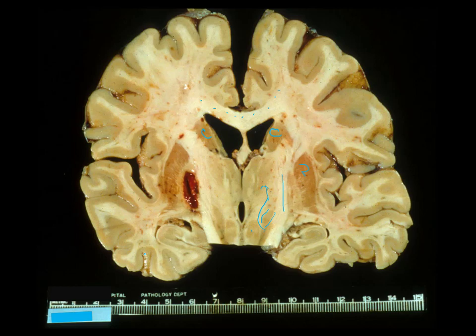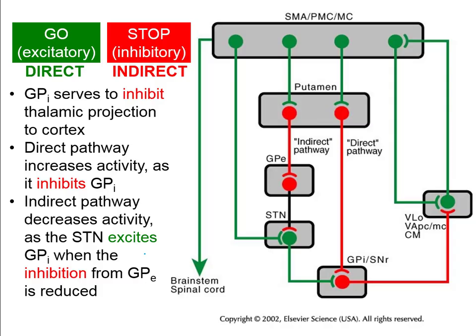But the problem with it is, if you think about the pathways, you've got your direct and your indirect, and if you take out your GPI here, you're going to basically allow the thalamus to be more active and have greater thalamocortical drive and let your motor activity come through. But it's not adjustable, okay?